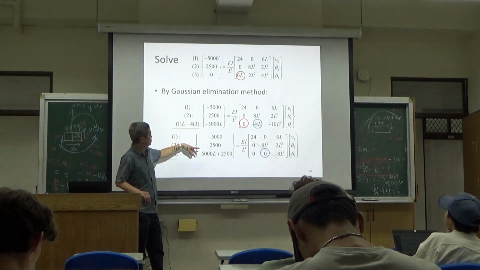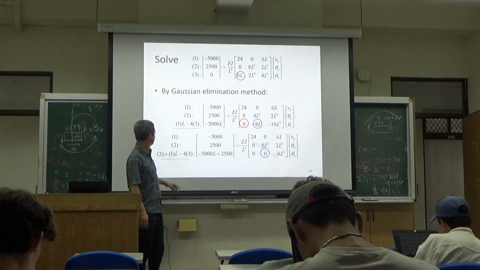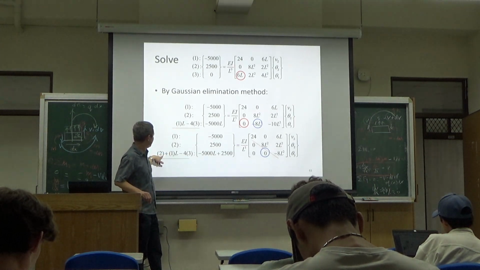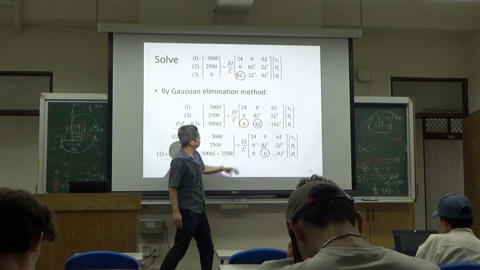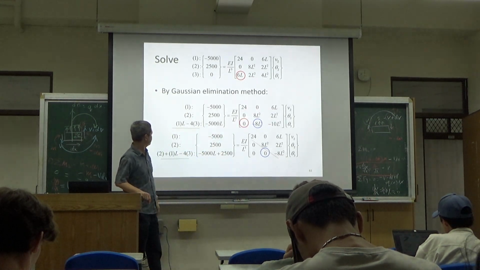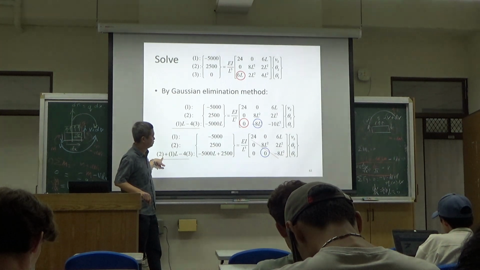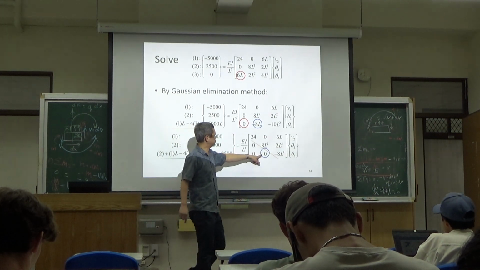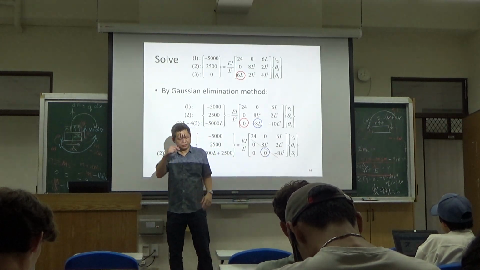And then next, I want to zero out the minus 8L. I can zero out minus 8L by having the sum of the two. Okay? So I will get the sum of the second equation.